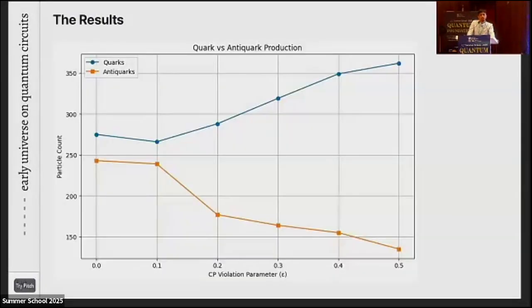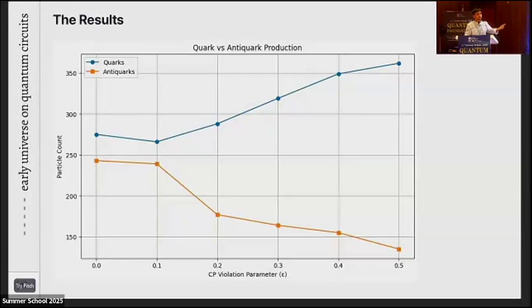I have performed this experiment with a few qubits, but if we scale it further, we can see a huge amount of asymmetry, which concludes that after the Big Bang, when the universe was exploding and getting broader and broader, a lot of asymmetry happened, and the total amount of antimatter was demolished.